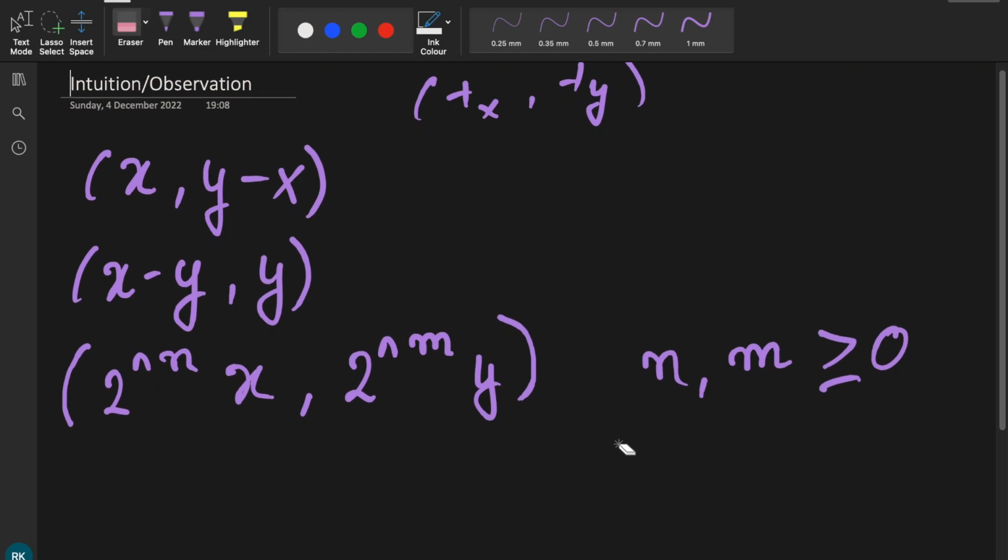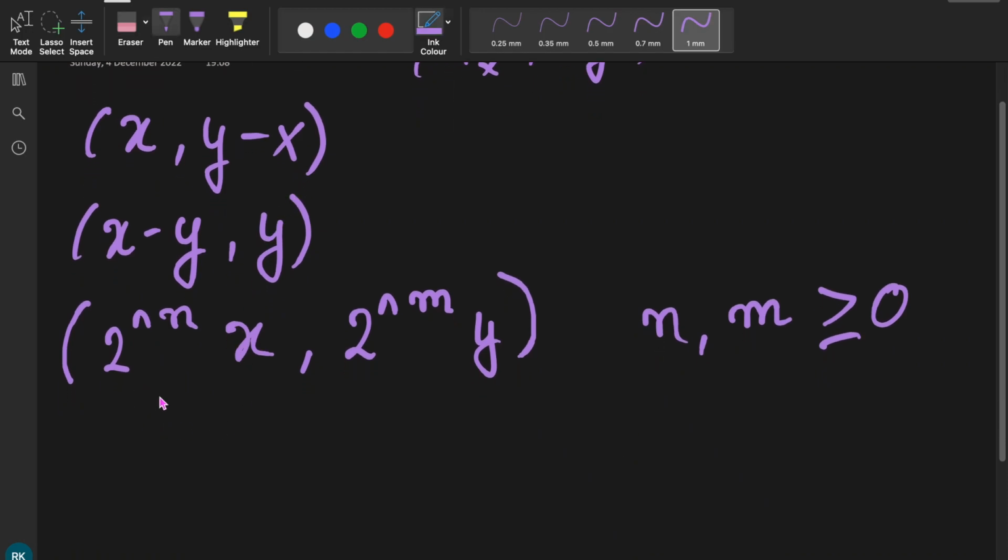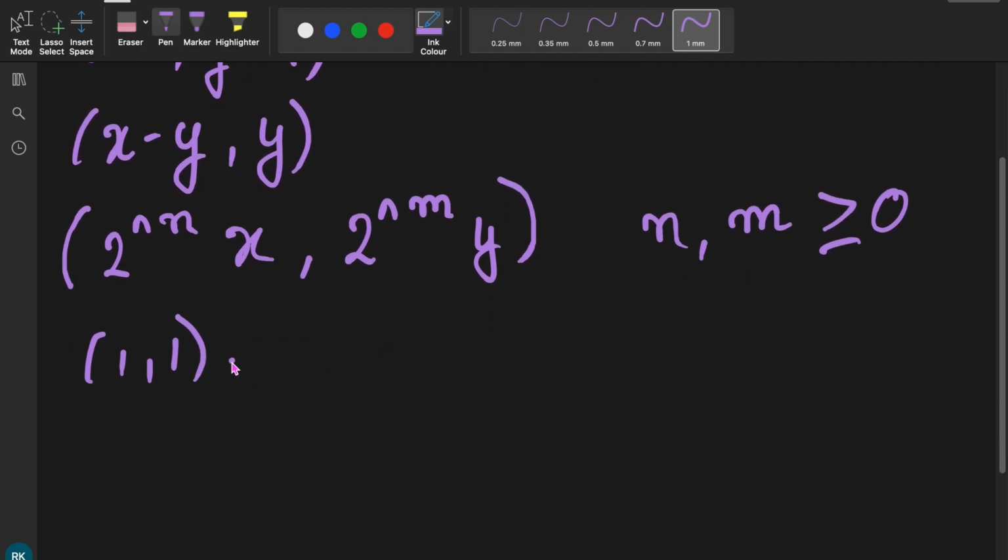According to the question, we are at point 1 comma 1. So if we consider these steps and perform this step continuously from 1 comma 1, what are the points which we can reach? We can reach 1 comma 128, that is 2 to the power 7, it is a power of 2.